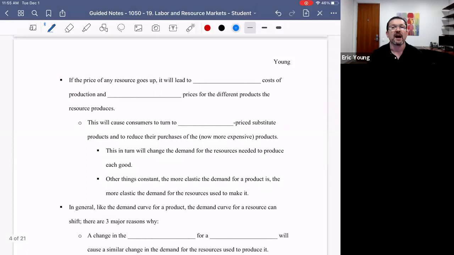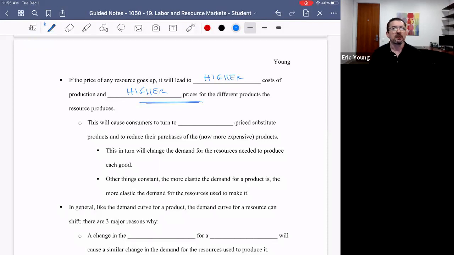Another takeaway that we have from this discussion of derived demand is that there are these weird chains of events and these weird causations that can occur. We believe in economics that if the price of any resource goes up, it will lead in turn to higher costs of production for the firm. And that in turn will lead to higher prices for the products that are being created.